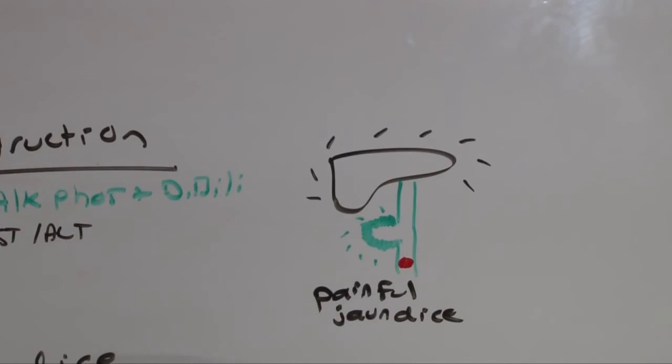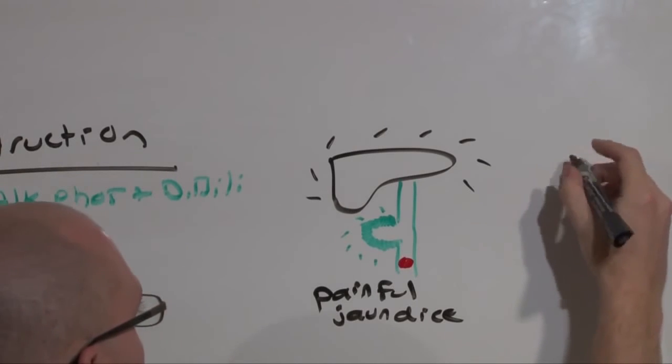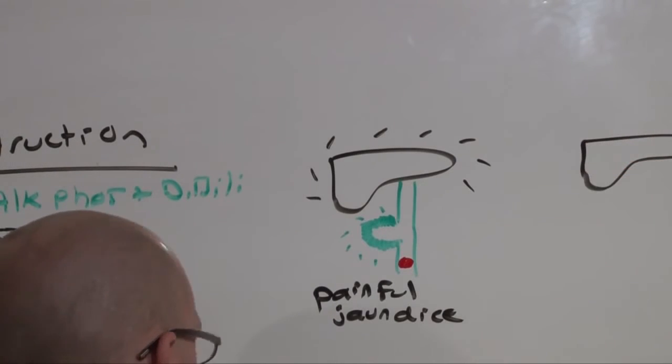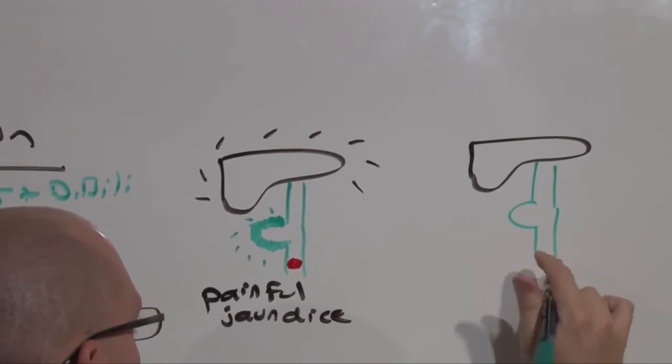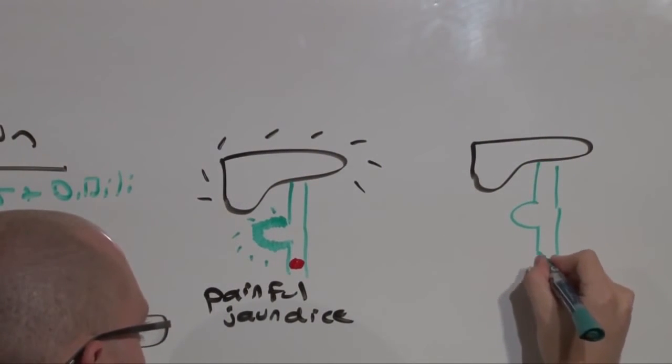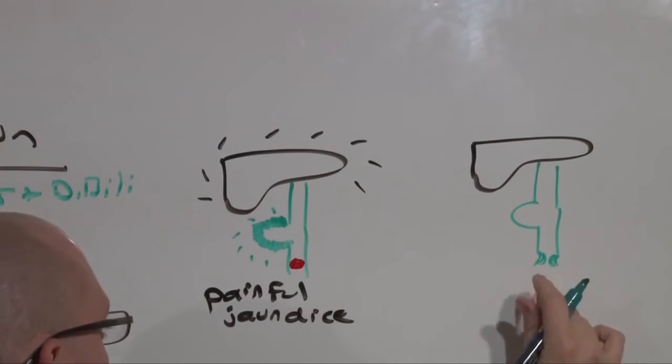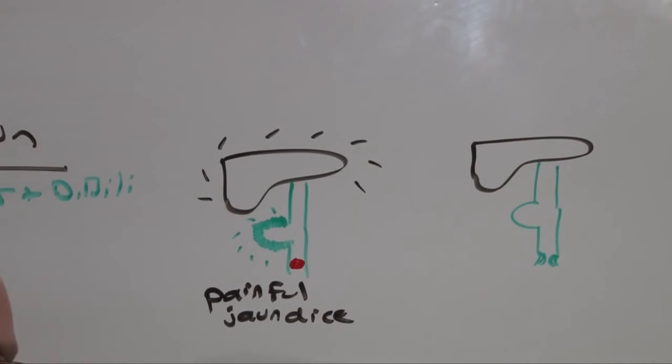On the other hand, if you have a slowly developing tumor that slowly eats its way in, as it does so, the biliary tree is not acutely impacted, and so it has a chance to dilate.